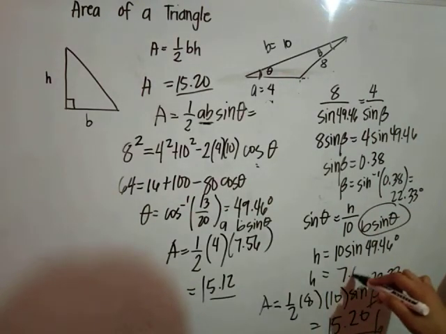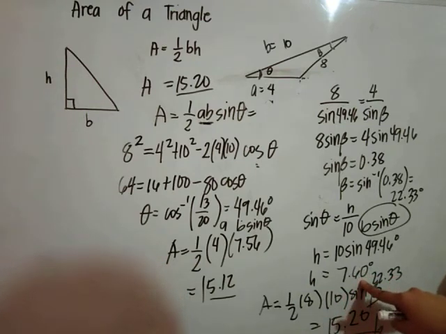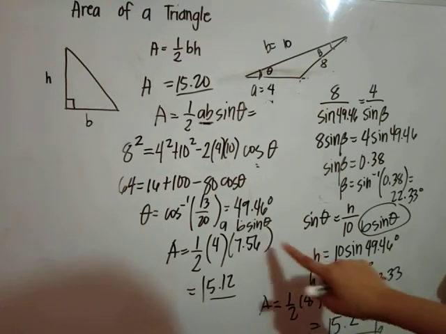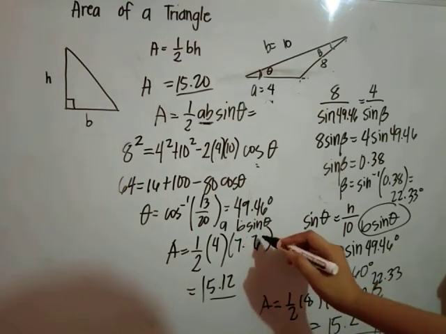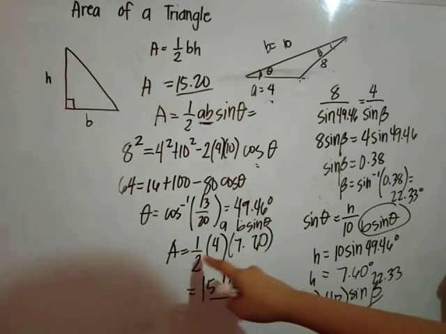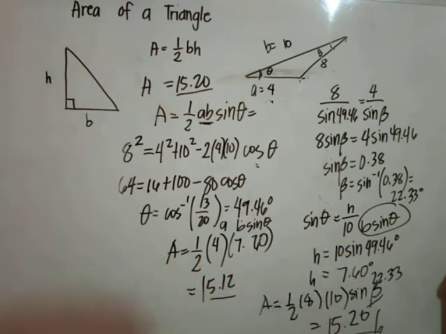May konting discrepancy pala kasi naduling ako pagtingin ng calcu. Imbis na 7.59, ang nailagay ko ay 7.56. So, dito pala 7.6 tayo. So, we have 1/2 times 4 times 7.6, so we have 15.2. Sakto na rin siya.